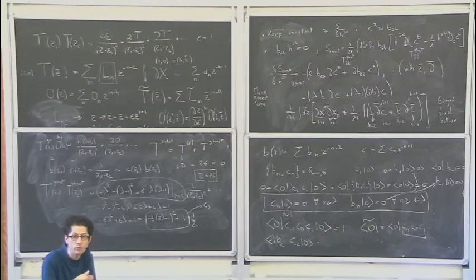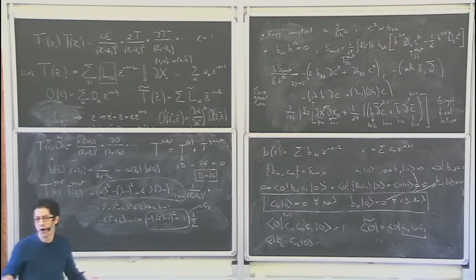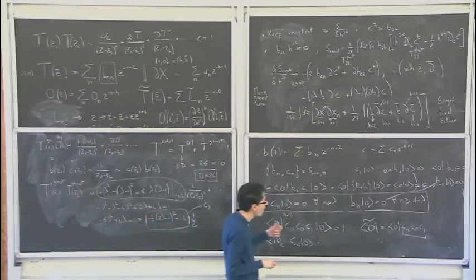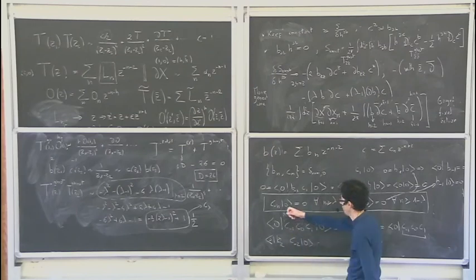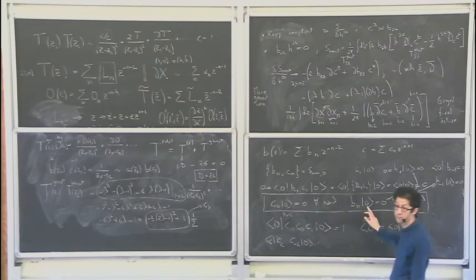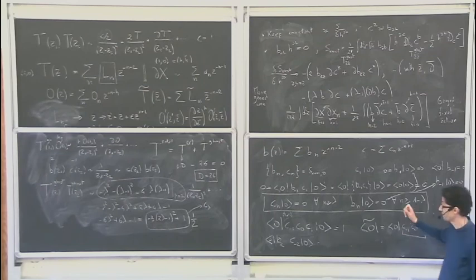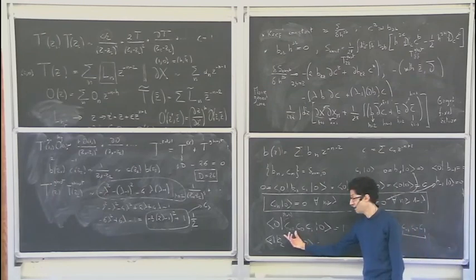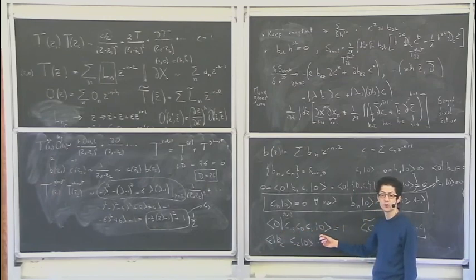Because now I have to tell you how the new sector, Bn, Cn, acts on the new 0. So it's a vacuum in a larger Hilbert space. And I'm telling you that if you define the action of the new degrees of freedom on the vacuum of the full Hilbert space in this way, then the non-zero correlator will have this form.